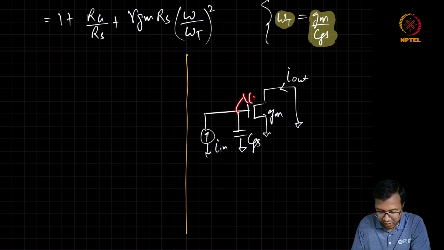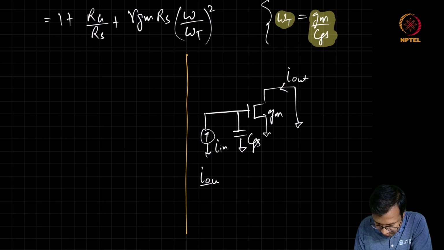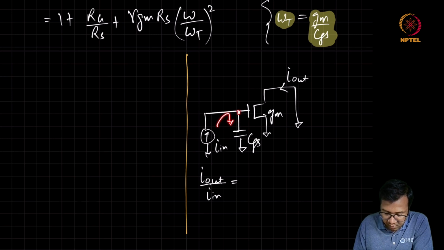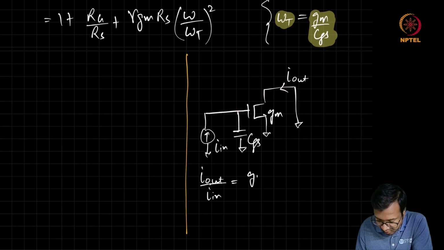Here we are ignoring the Cgd. And if we try to find the I out by I in, the current gain, we see that this I in is going to flow into this capacitor, going to create a voltage, which is I in divided by sCgs. And this voltage is going to again create a current at the output. So this will be Gm divided by sCgs.